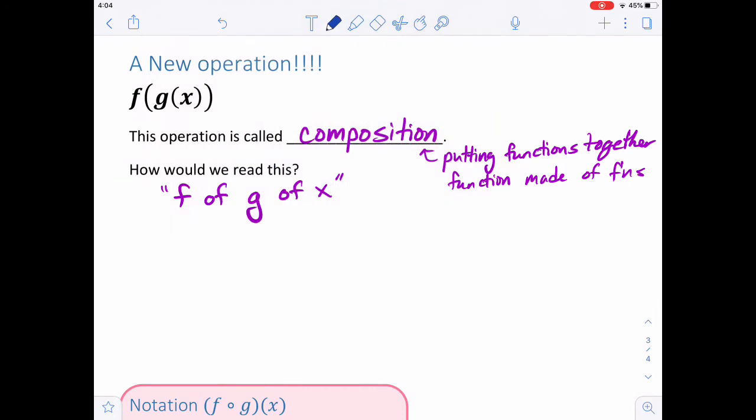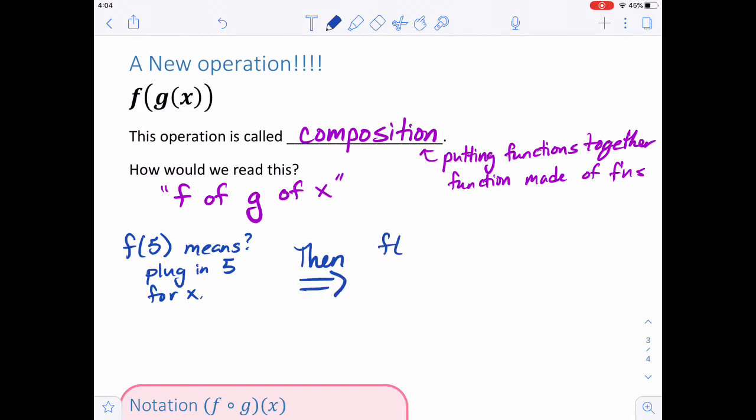So now really quickly remember, what does f of 5 mean? It means we're going to plug in 5, right? For x. So then it follows from that f of g of x, well, g of x is the thing on the inside just like 5 was.